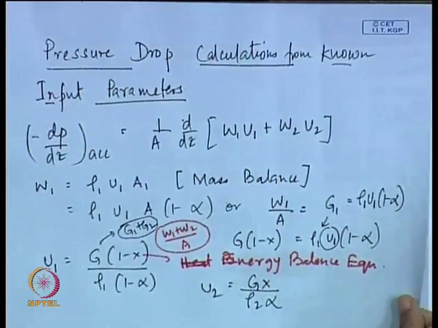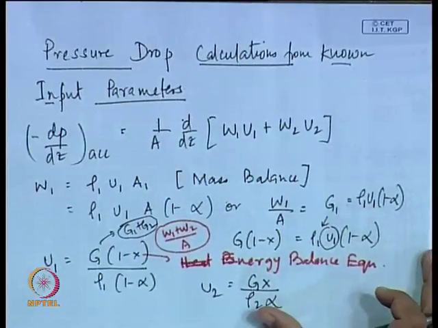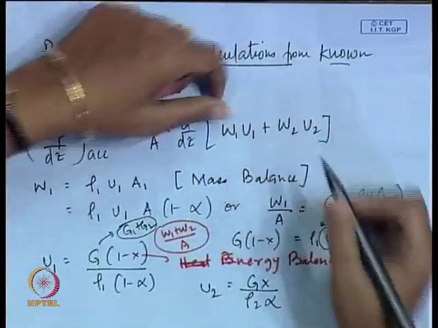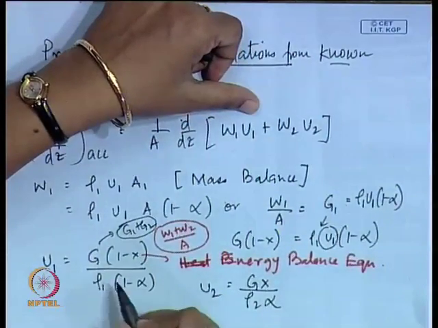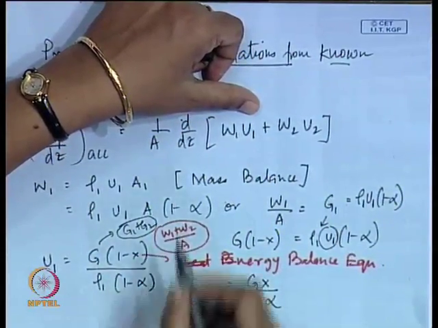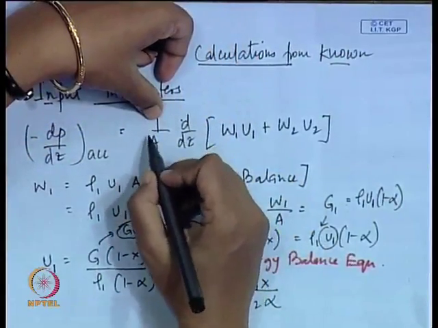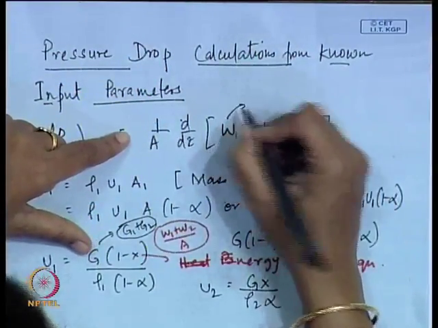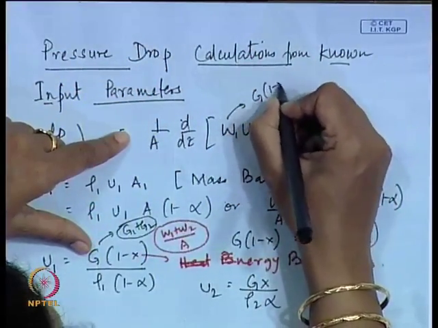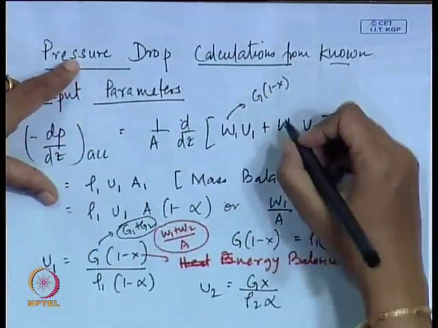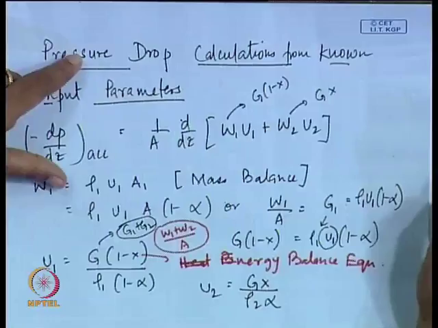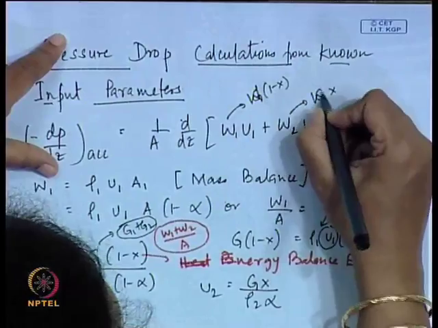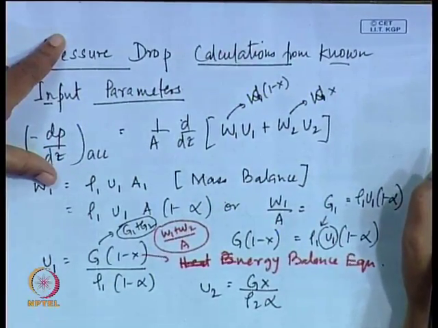Now, if we substitute these two here, if we substitute u1 and u2, just see. For u1 we get G into 1 minus x by rho 1 into 1 minus alpha. W1 by A is also G into 1 minus x. So, W1 can be written as W into 1 minus x, and W2 as W into x, agreed.